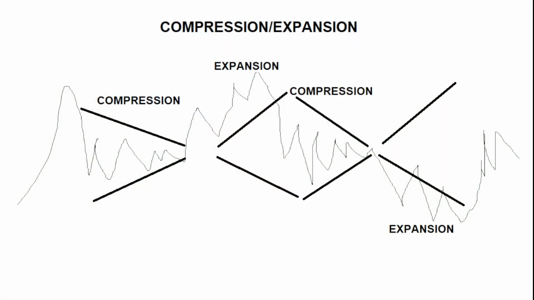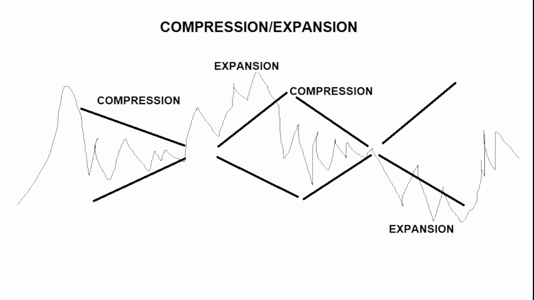I want to start with a little graphic here, because markets and stocks go through periods of compression and expansion. The compression phases are when the swings and the price action are getting smaller and not moving as much. You can see in my crude drawing, we start out with a big swing to the upside, and then the swings reduce until they get pretty small and work inside that triangle pattern.